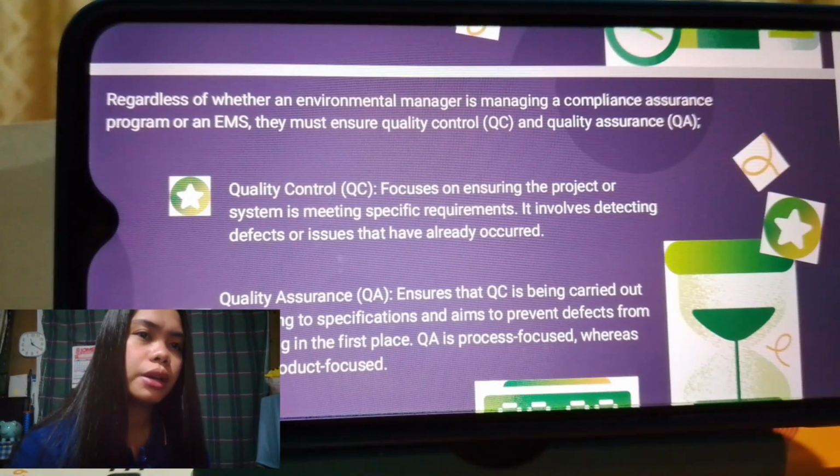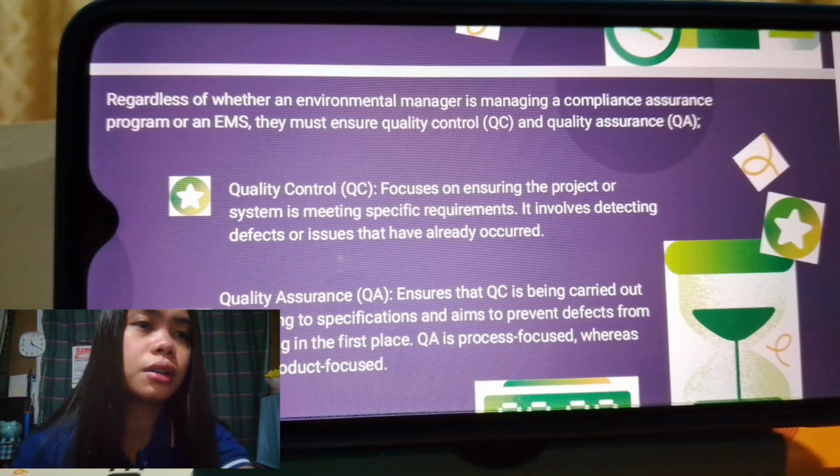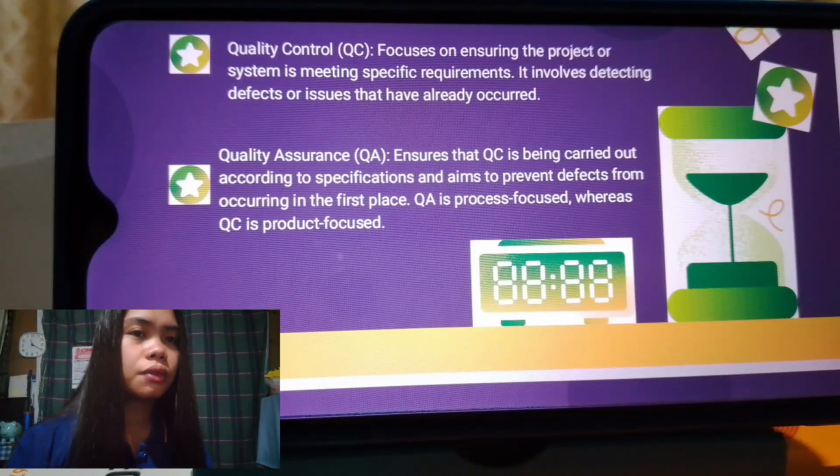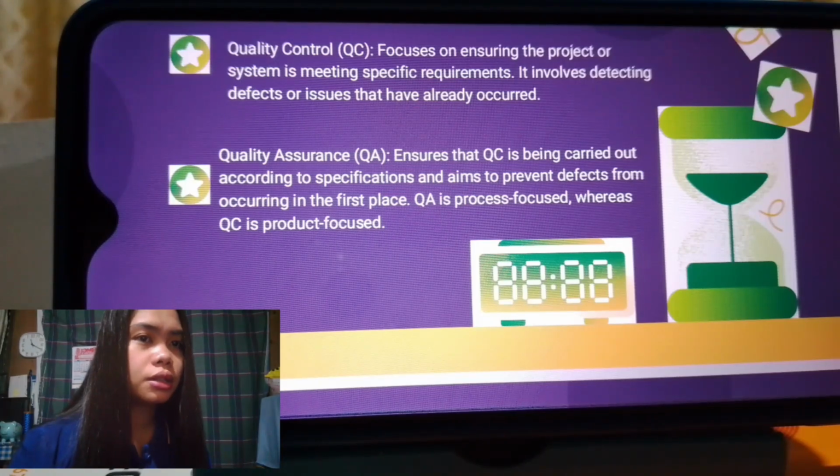Regardless of whether an environmental manager is managing a compliance assurance program or an EMS, they must ensure quality control, or QC, and quality assurance, or QA. So this is the example. Quality control focuses on ensuring the project or system is meeting specific requirements.